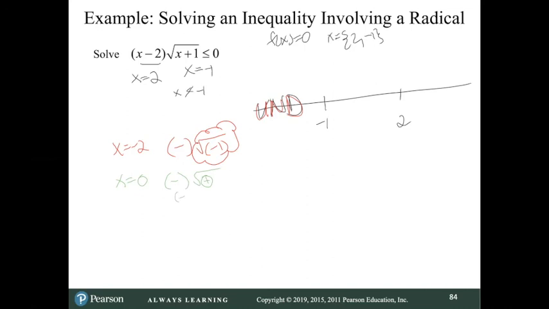So we have a negative times a positive, which gives us negative. And lastly, a number greater than 2. Let's pick 5. Again, dealer's choice. You can pick a different number than 5. 5 minus 2 will be positive. No matter what number you pick, it should be positive. Square root of 5 plus 1 will be positive. Positive times positive is positive.